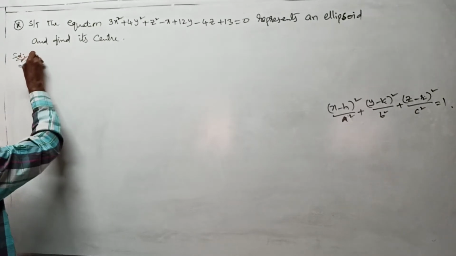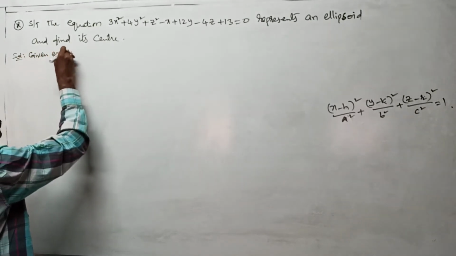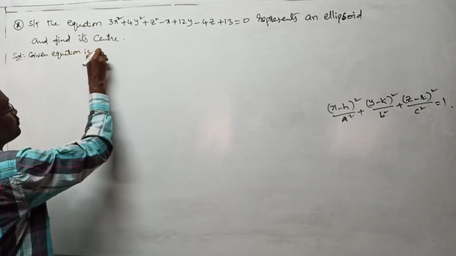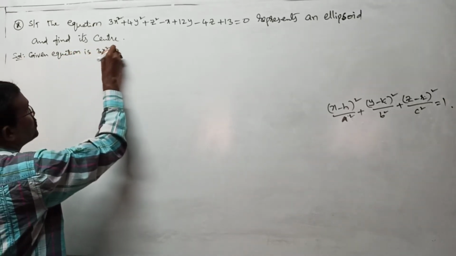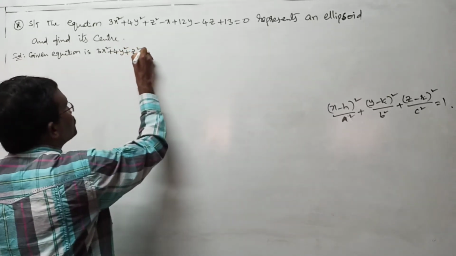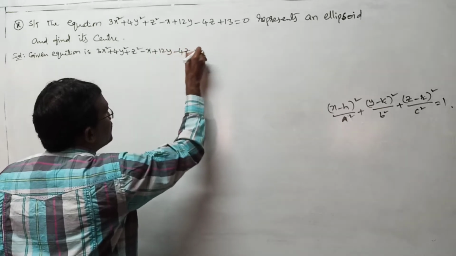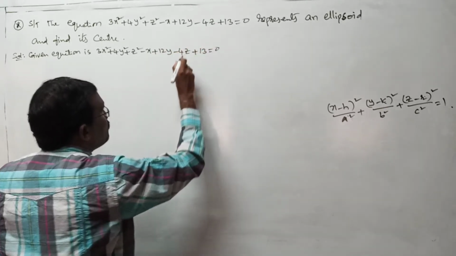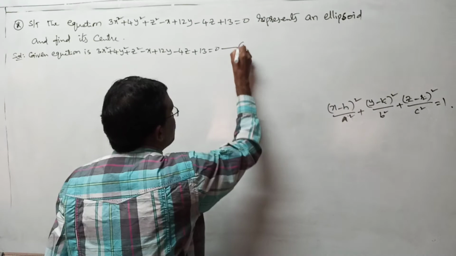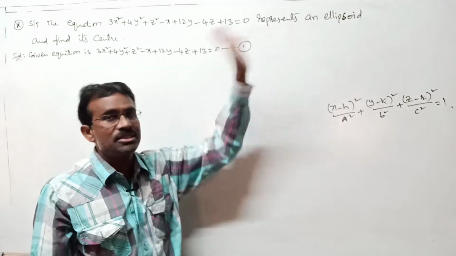Given equation is 3x square plus 4y square plus z square minus x plus 12y minus 4z plus 13 equal to 0. If this equation is possible to express like this, then only you say this represents an ellipsoid.